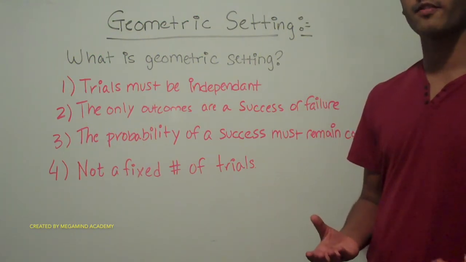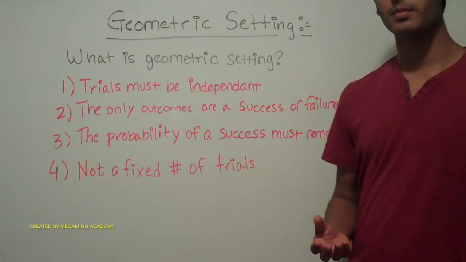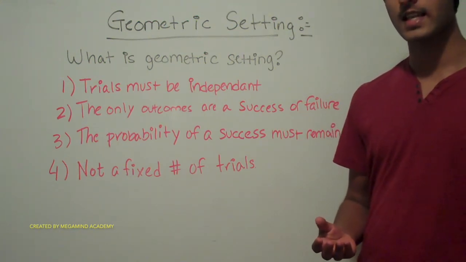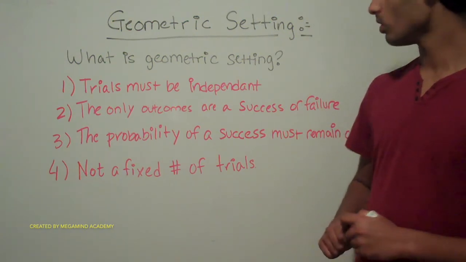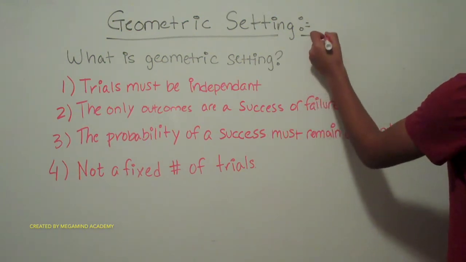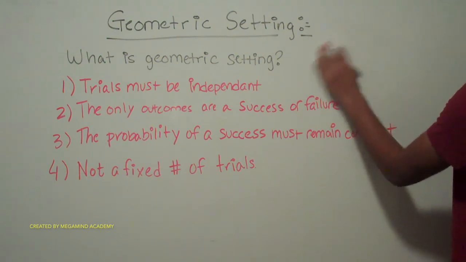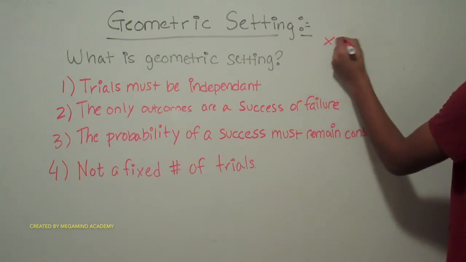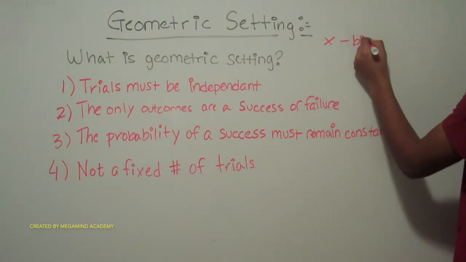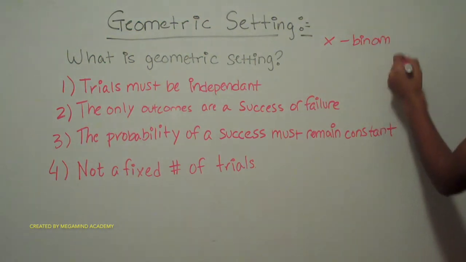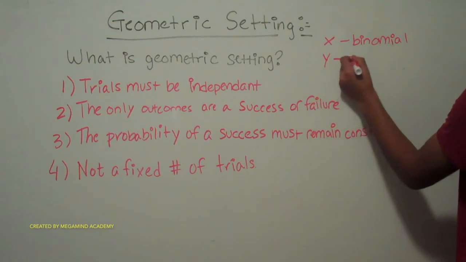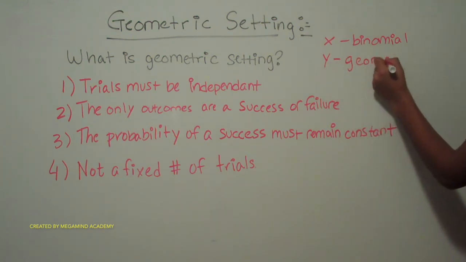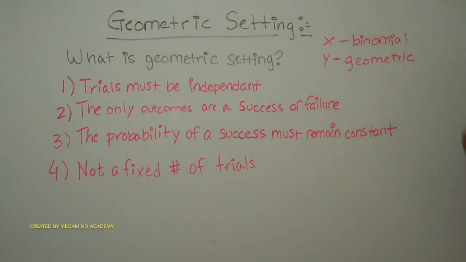With the geometric variable, we're trying to find the probability that your first success comes on some value y. Generally x denotes a binomial variable and y denotes a geometric variable, generally speaking, only for these two settings.